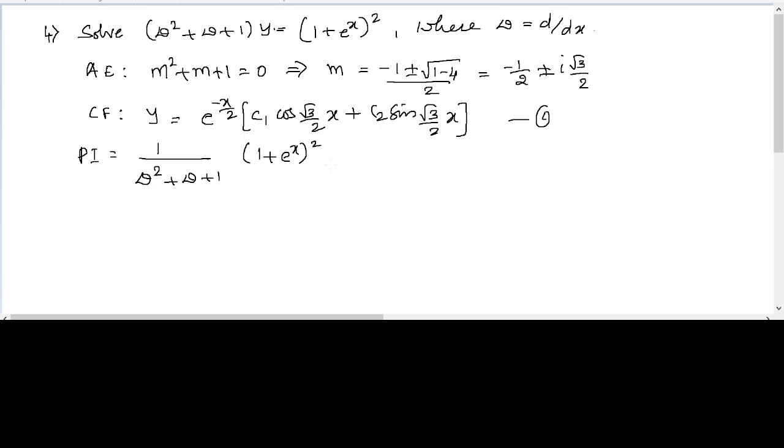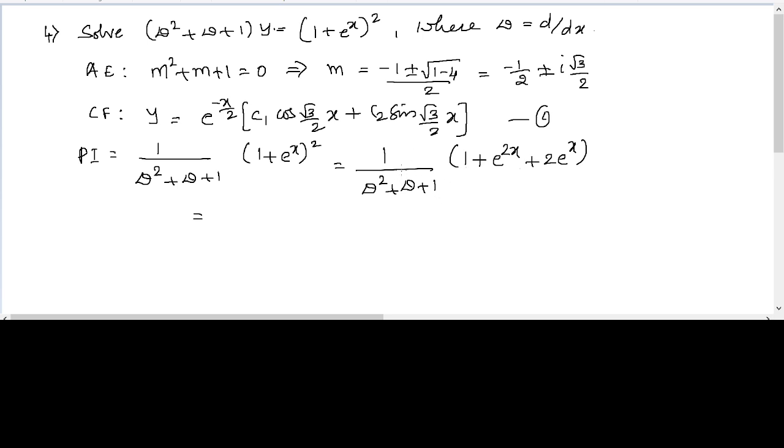Okay. So let us try to expand this term, 1 plus e to the power of x whole square. By expanding that, we are going to get 1 by (D square plus D plus 1) of 1 plus e to the power of 2x plus 2 into e to the power of x. Okay. So now we need to find out the value of each term.